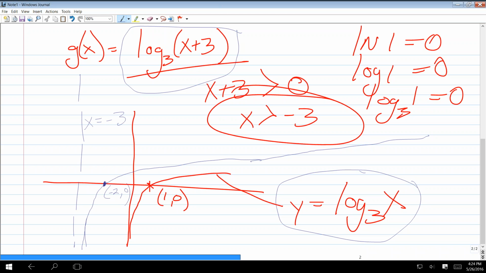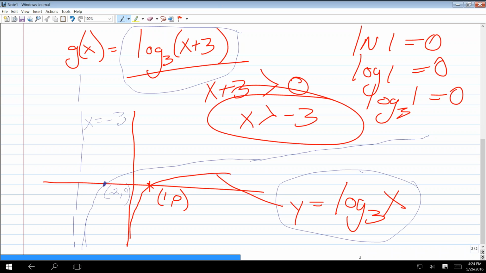Whether they have a way of putting in a base other than 10 or e, I'm not sure. But doesn't that not actually matter when you're graphing it? Well, it matters. If the blue line I've drawn is log base 3 of x plus 3, then natural log of x plus 3 is not going to look exactly the same.